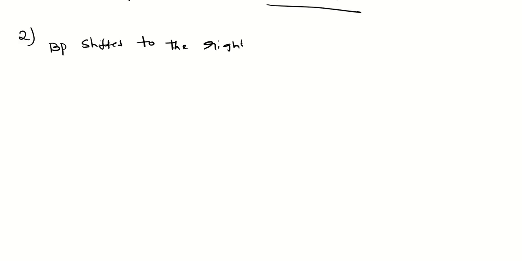Coming to the second condition, maybe this base point is shifted to the right side or maybe shifted to the left side. The second condition: base point is shifted to the right. That means the scaling factor n is greater than 0.